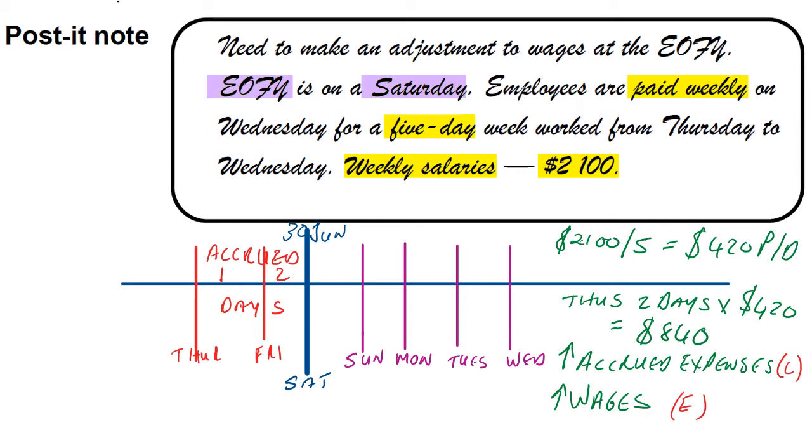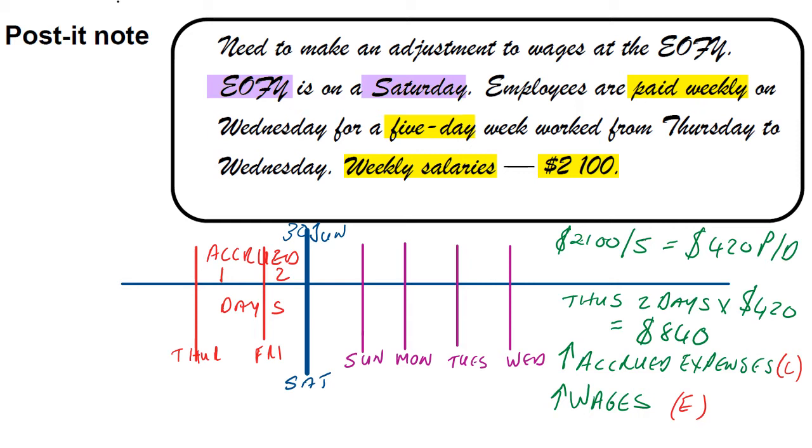So what I like to do is draw a little sketch to myself, and there you can see the vertical blue line shows the 30th of June, the end of the financial year, which is on a Saturday. Before that, I know the week starts on a Thursday, so the Thursday, Friday is still part of the current financial year. Sunday, obviously, they don't work. The Monday, Tuesday, Wednesday, although they get paid on the Wednesday, is not applicable to this current financial year.